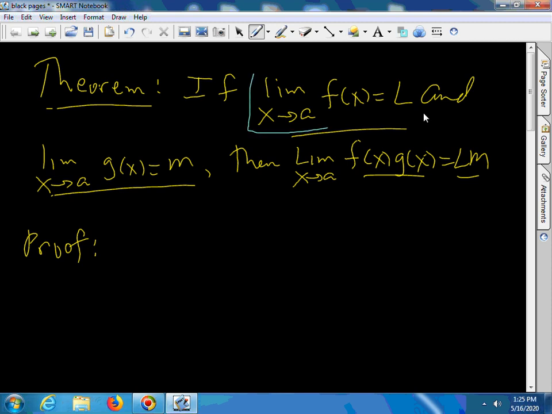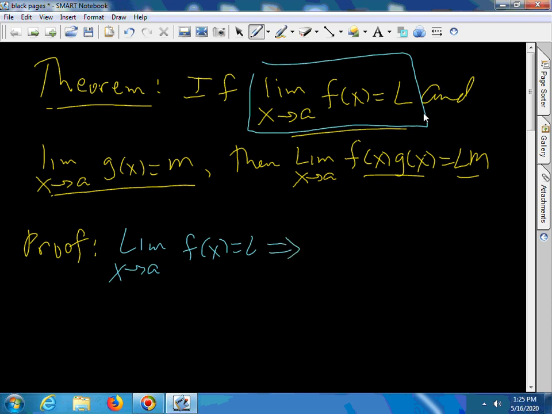Let us think about what this means. The limit as x goes to a of f of x equals L. Now we know this is true. It's given.